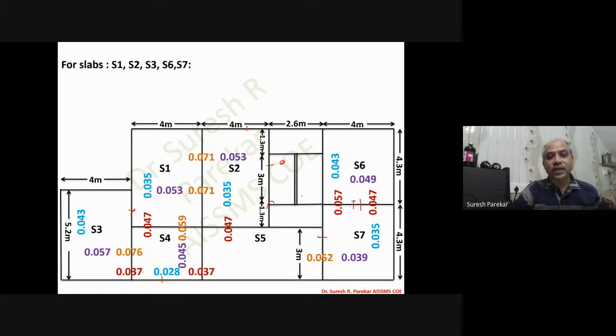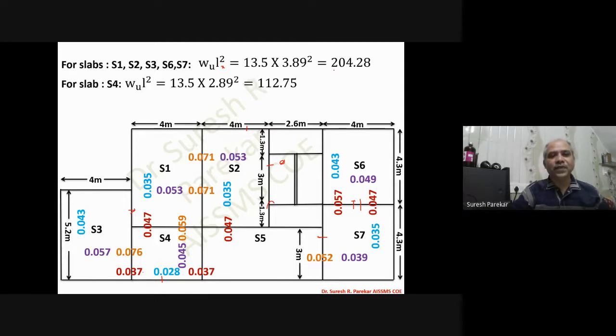Now for S1, S2, S3, S6, S7, we have wl square, that is, wLx square. We have 13.5 into 3.89 square, which comes to 204.28. So for all spans having 3.89 meter, we multiply these coefficients by 204.28 to get the moment.